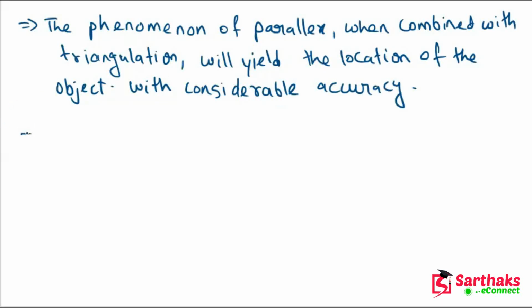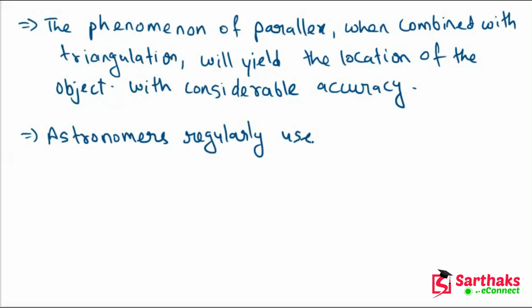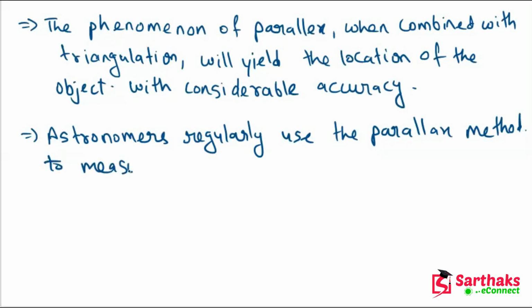Most of the astronomers regularly use the parallax method to measure the distances of closer stars.